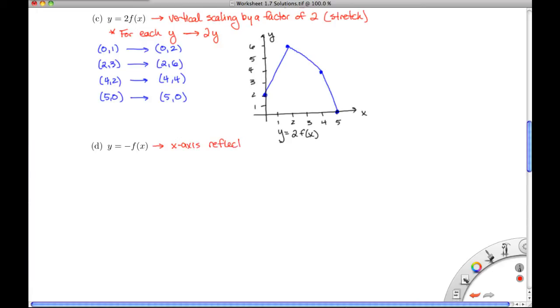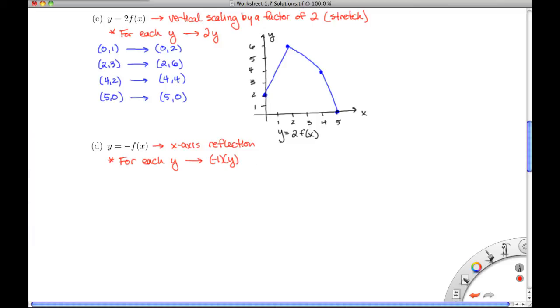So any positive y-coordinates will become negative, any negative y-coordinates will become positive, and we'll get that reflection going on. And if we wanted to actually change our curve, what we're going to do is we're going to take each y and multiply it by negative. So we're going to change the sign of each.